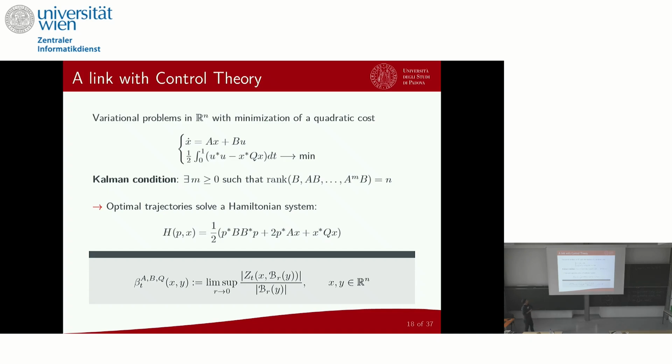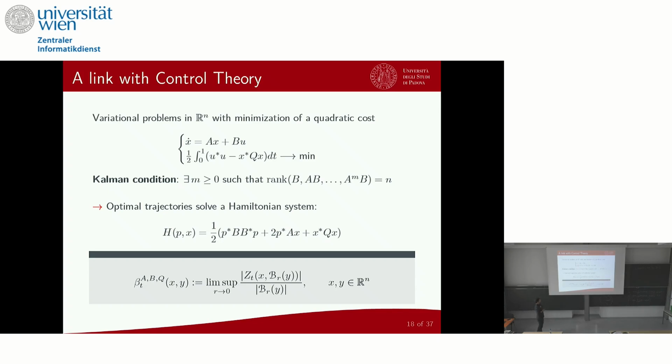Okay. So you have a dynamic, and you're minimizing a cost, and you have a sort of bracket generating assumption, which is written here, called Kalman condition in this language. But the idea is that you can find optimal solutions for this problem. This comes from an Hamiltonian system, and if you wish, you can produce a distortion coefficient.